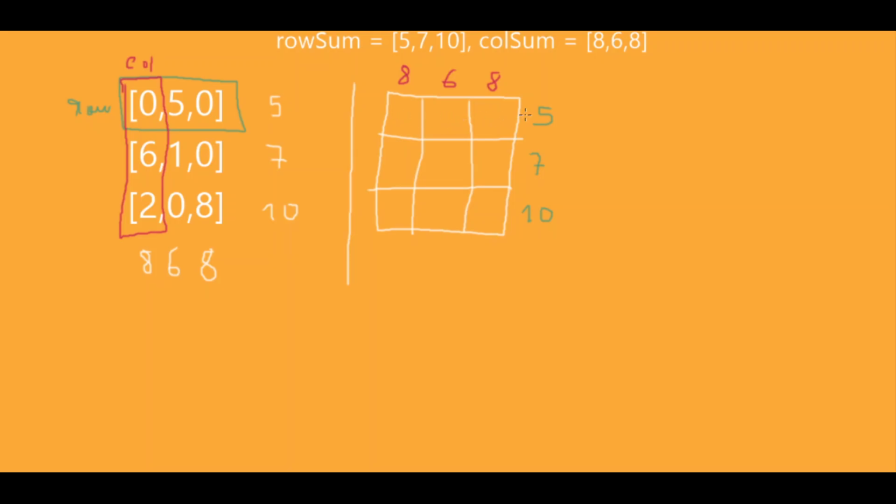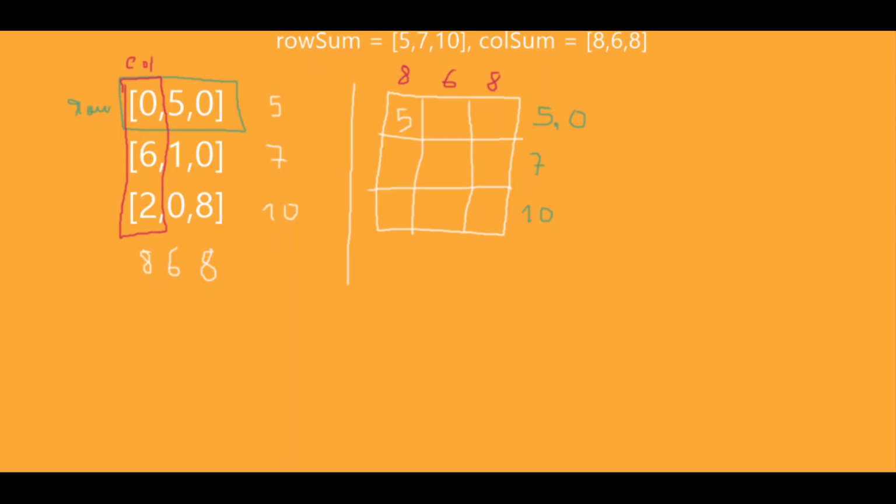So the minimum of these two values wins. We put 5 here, and we decrease the column by 5, so we get 3 for this column.